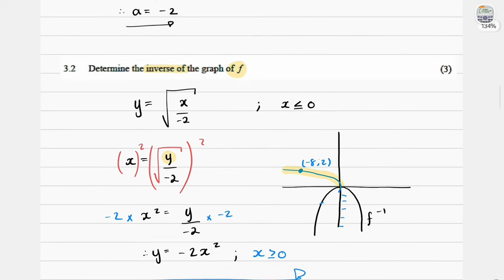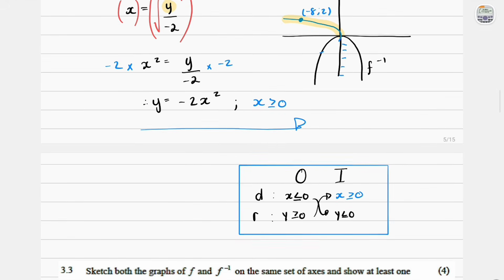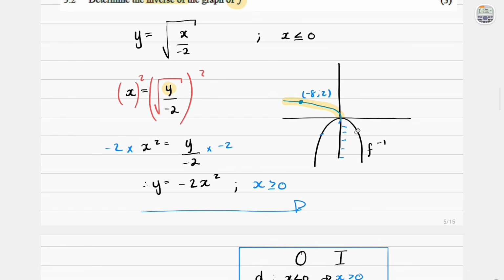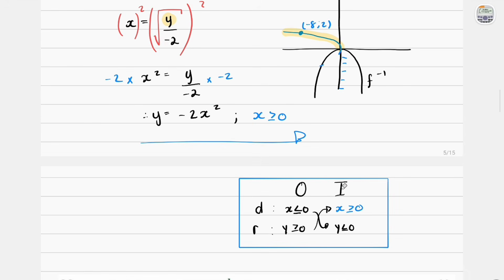You're going to see that by looking at the relationship between the domain and range of your original and your inverse graph. If this is what we have, and we know that this is the inverse, yes, I know it's a parabola, but remember it is still the inverse because they told us the original was this graph. So let's look at the information about the inverse. We know that its domain is x is greater than or equal to 0.